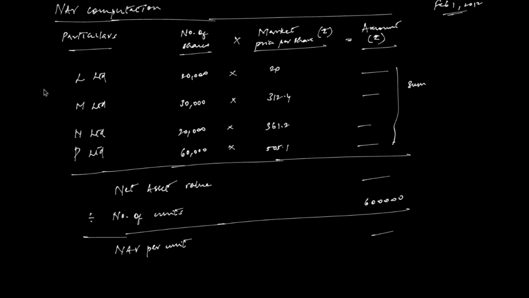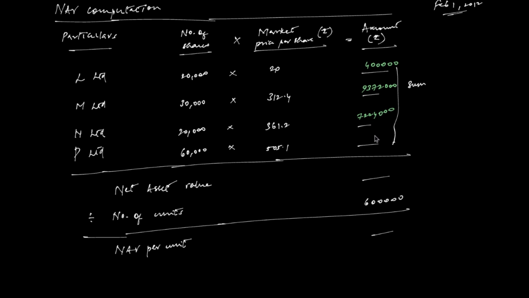First bit is we need to calculate NAV as on 1st Feb 2012. So 20,000 into 20, that is 4 lakhs. Next, 30,000 into 312.4, that is 9,372,000. And next, 20,000 into 361.2, that is 7,224,000.